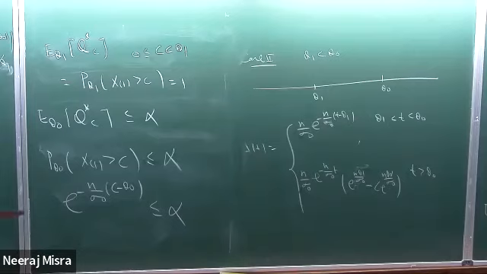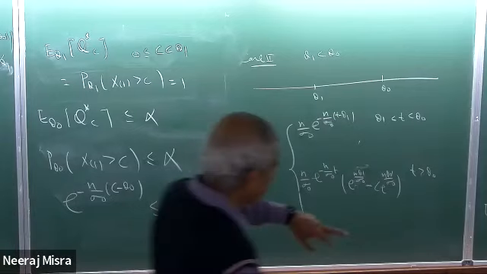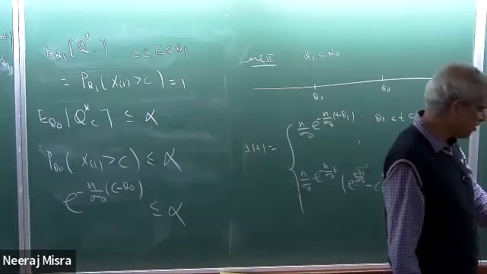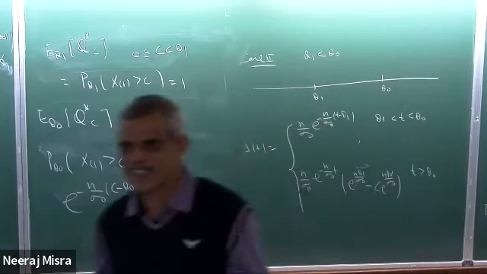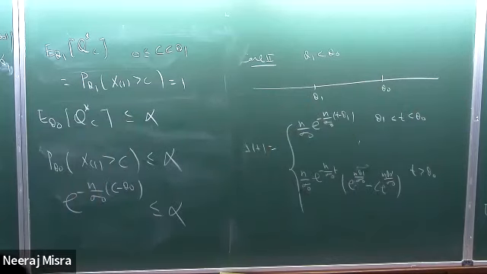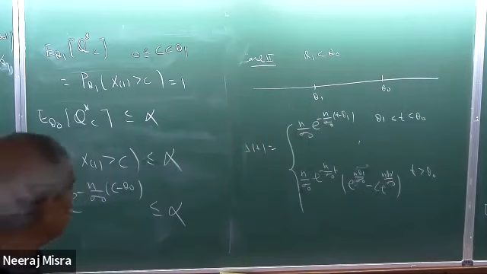Now the second case would be more interesting. This is like that uniform case which I considered, right? Uniform theta, theta 1. You have to test that x is uniform 0 1 against x is uniform 1 2. Now the second case, where this quantity is less than or equal to 1, so that means alpha is less than or equal to e to power minus n by sigma naught (theta 1 minus theta naught). That is the more interesting case. Is that okay? What happens in this case?